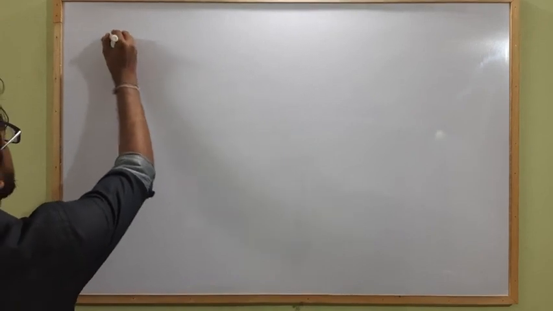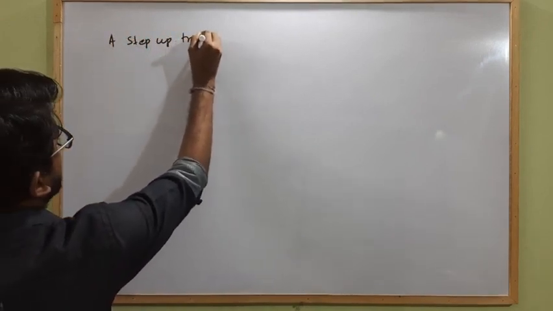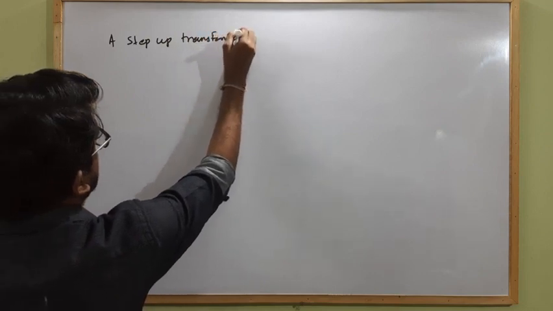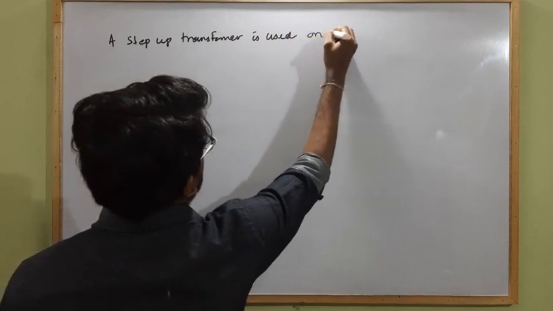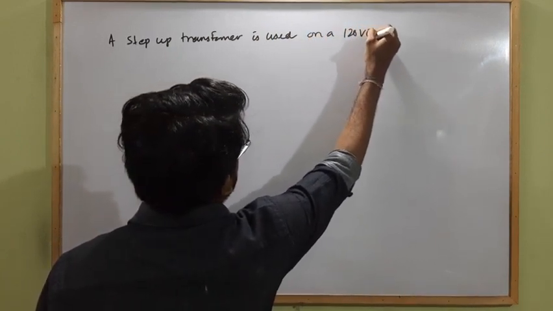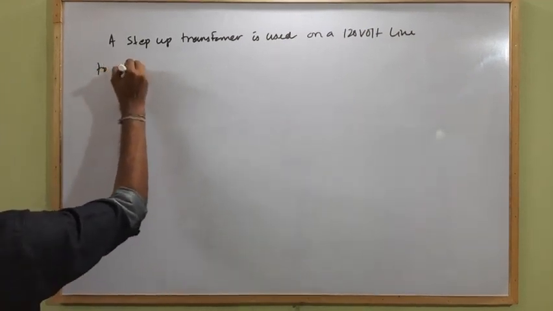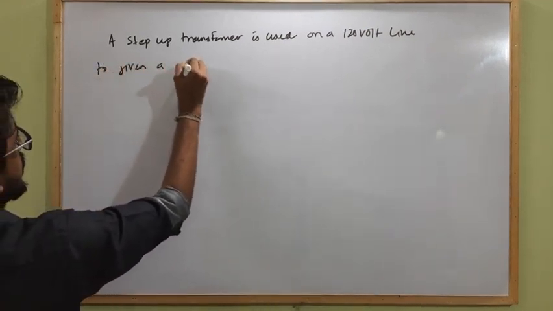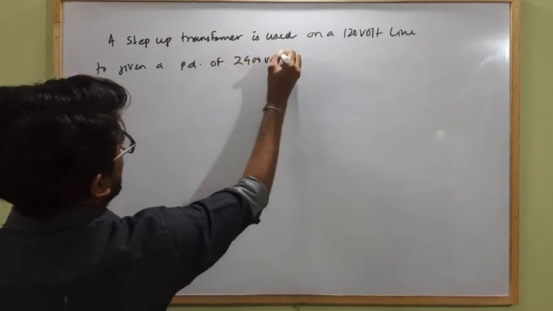Okay, the next question. A step up transformer is used on a 120 volt line to give a potential difference of 2400 volt.